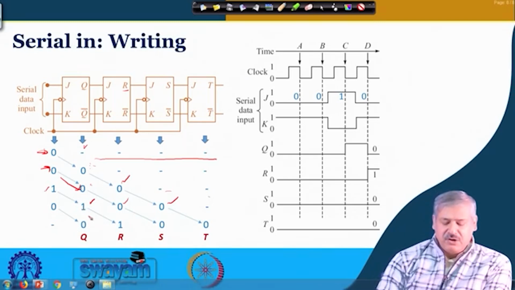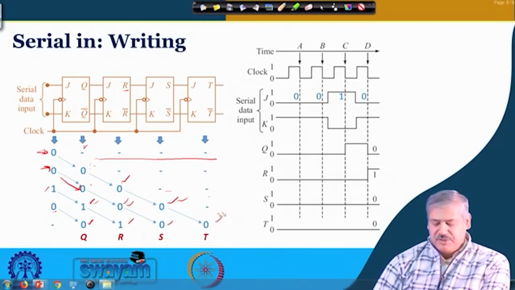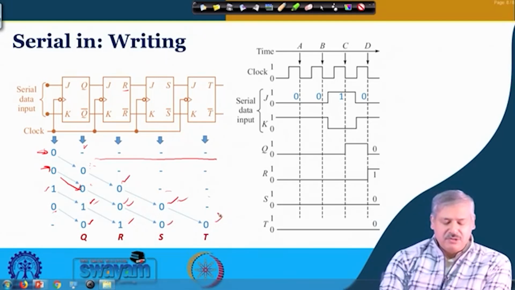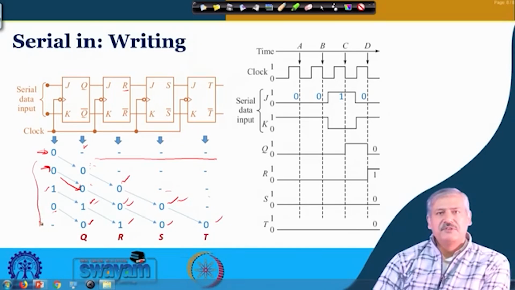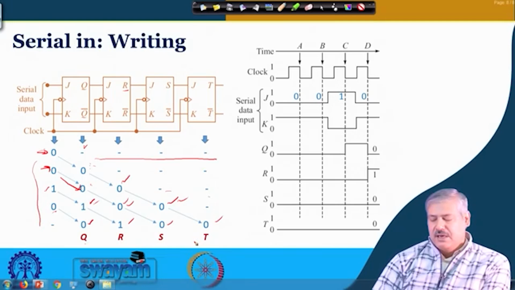Before the next clock trigger occurs, 0 is presented at the input. What will happen? This 0 will come to Q, this 1 will come to R, and the 0s shift along to S and T. So, 4 clock cycles have elapsed, and now Q, R, S, T are having the values 0, 1, 0, 0.